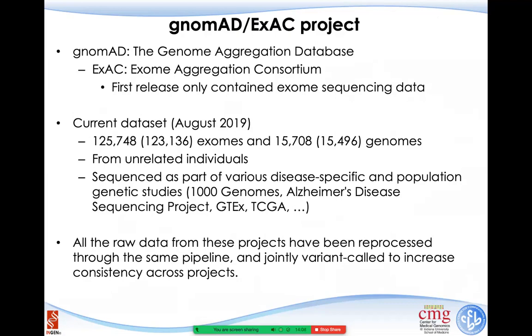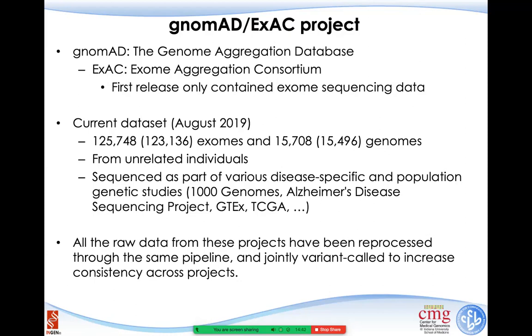The purpose of this project is to harmonize the data that is already in the public domain. We know that many different sequencing projects at different levels are supported by NIH or other funding agencies, and many different consortia have been developed. So the data we already talked about, there's 1000 Genomes, GTEx, TCGA, and for example ADSP, the Alzheimer's Disease Sequencing Project, and many such projects.